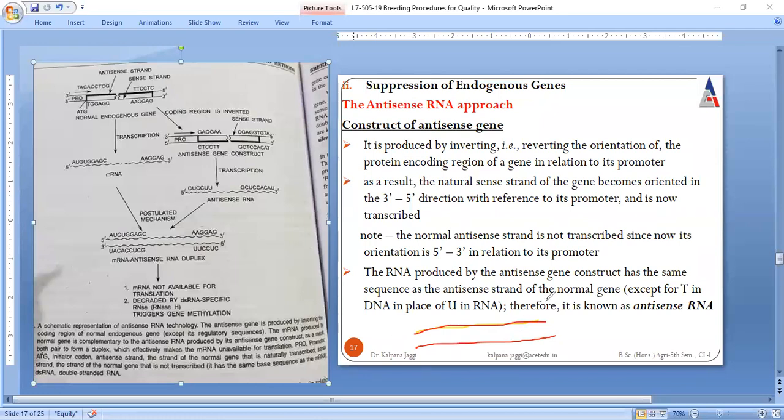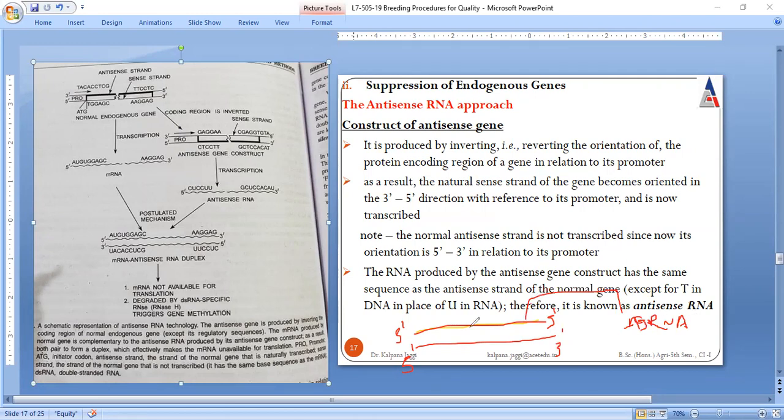The direction of the two strands of the DNA are, one in 3' to 5', and another in the direction 5' to 3'. You know 3' to 5' in relation to its promoter is said to be antisense RNA. Antisense, I'm writing it in short form, you are not to write. This is said to be antisense, right?